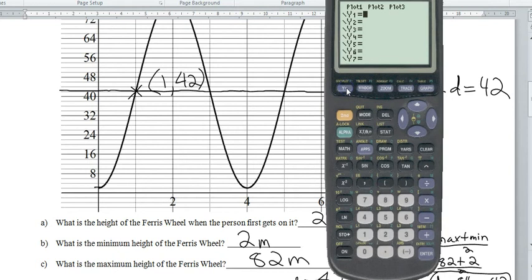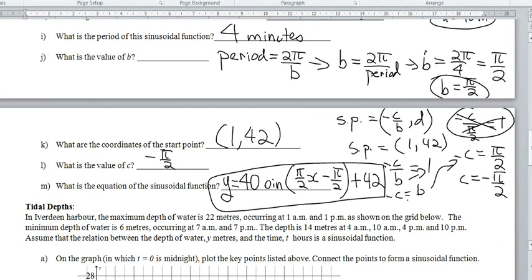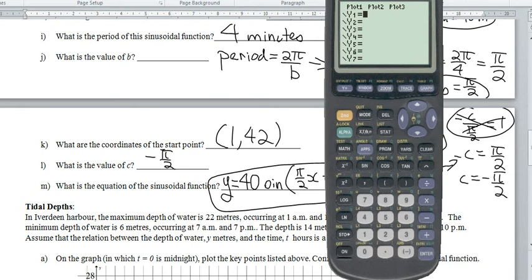Okay, y equals. So we're going to graph. What was our y equals? So 40 sine. So here's how we're going to enter it. 40 sine pi divided by 2 times x minus pi divided by 2 plus 42.